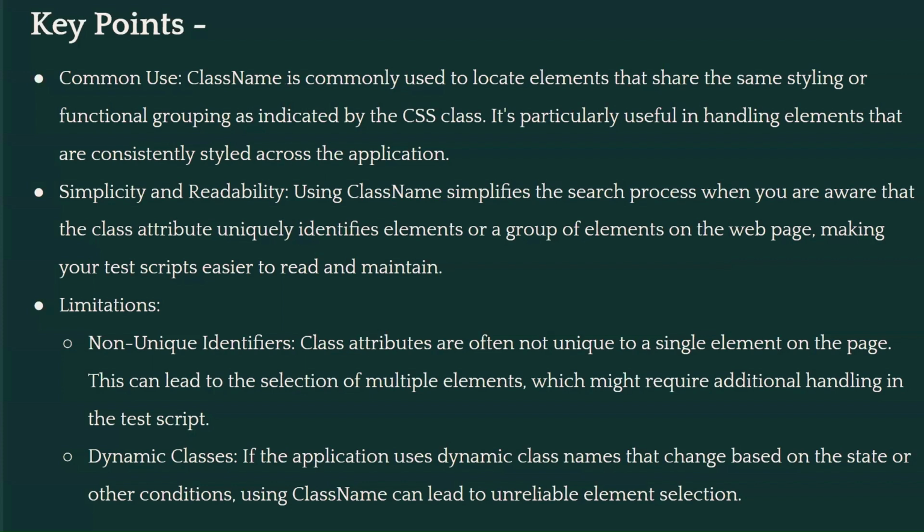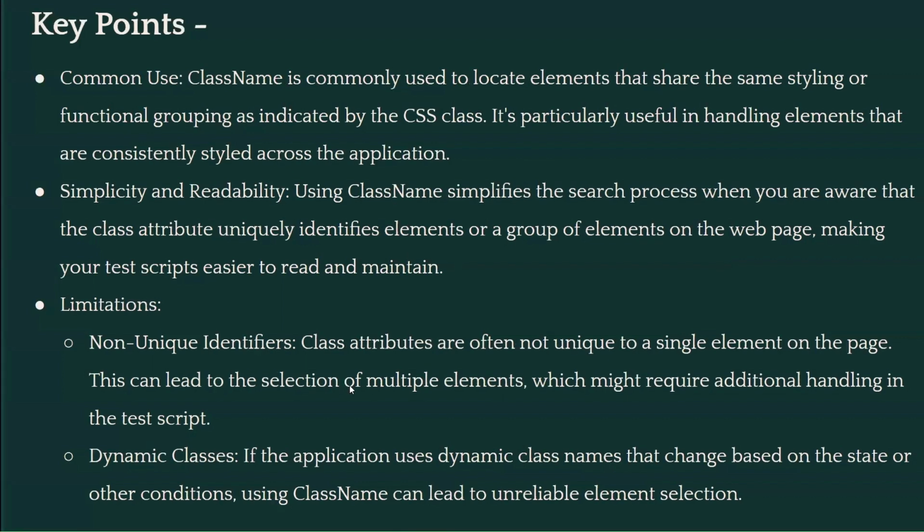And dynamic classes: if the application uses dynamic classes that change based on the state or other conditions, using class name can lead to unreliable element selection. So there are a few limitations, because of which we avoid using class names regularly. But in some cases you have these options, then we go straight away for the class name.